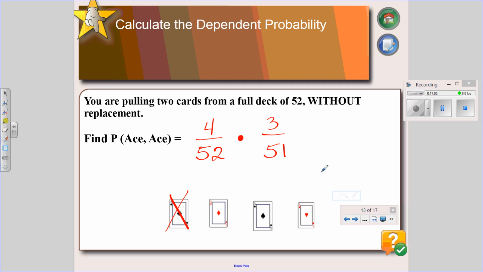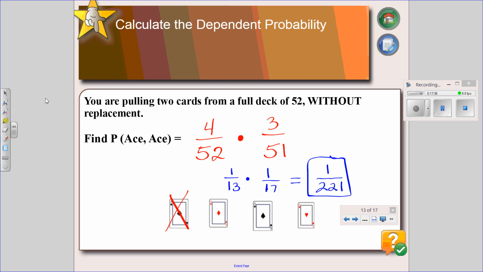This is 1 in 13, and this fraction is 1 in 17. I'm just reducing common factors. Now my numerators are 1 times 1, which is 1, and my denominators are 13 times 17, which is 221. And that is the compound dependent probability.